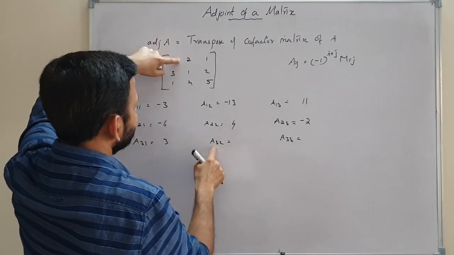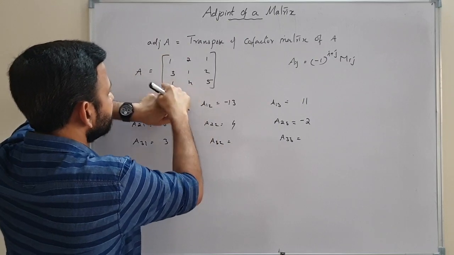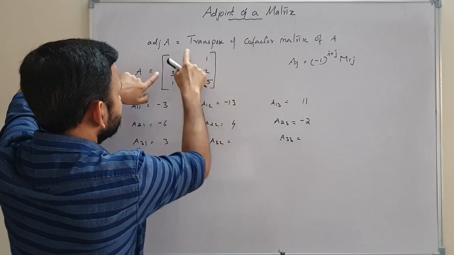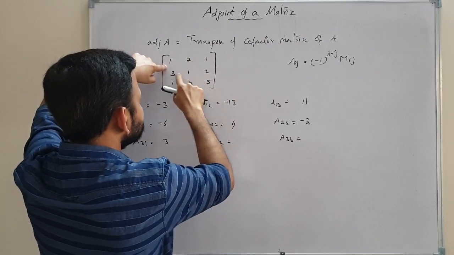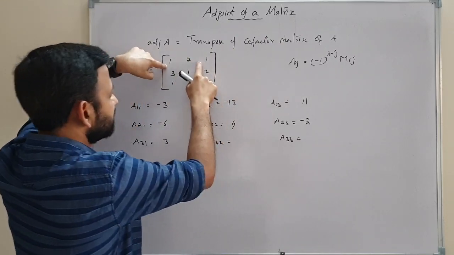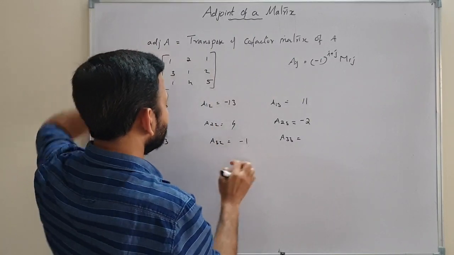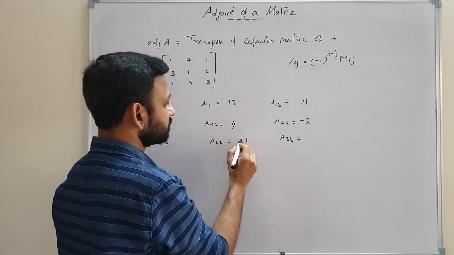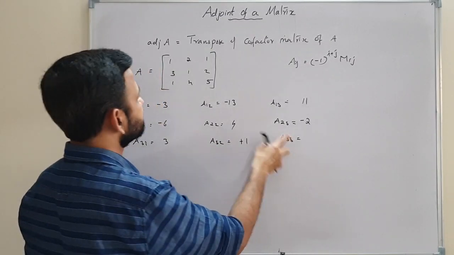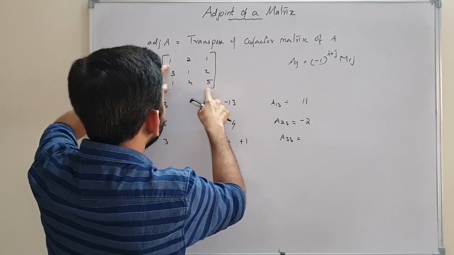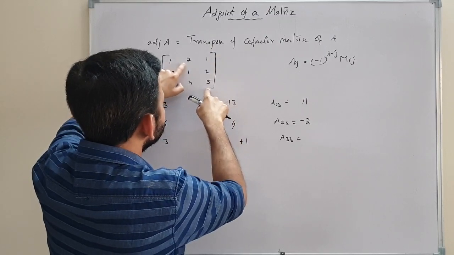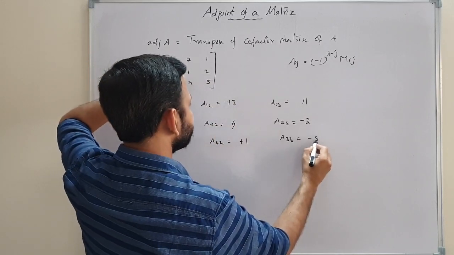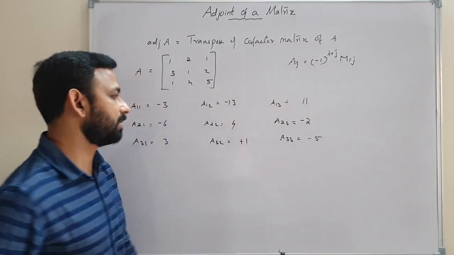Then A32, deleting, 1 into 2, 2 minus 1 into 3, 2 minus 3 is minus 1, and here 3 plus 2 is 5, odd number, so opposite sign. Then A33, 1 into 1, 1 minus 3 into 2, 6, 1 minus 6, that is minus 5, and here 3 plus 3, even number, so same sign.